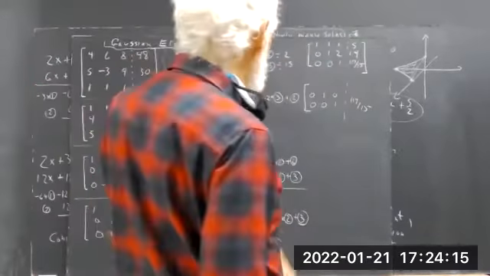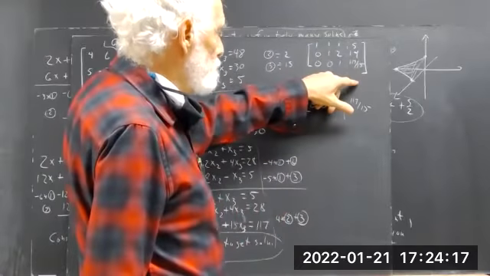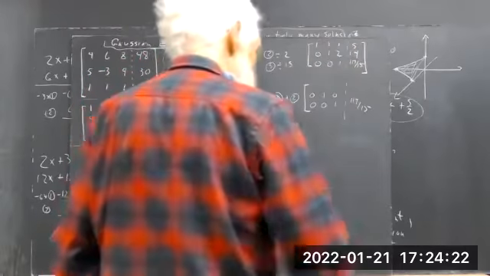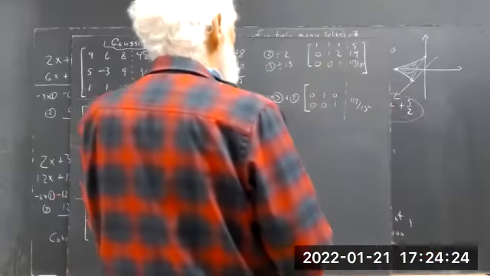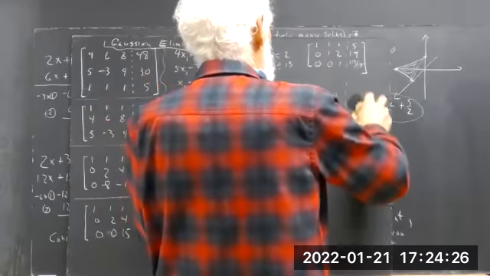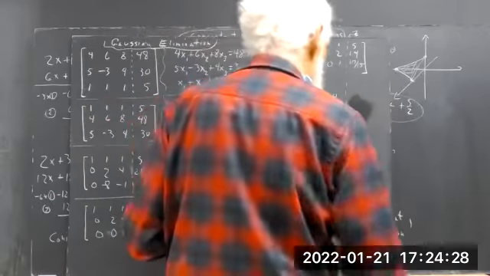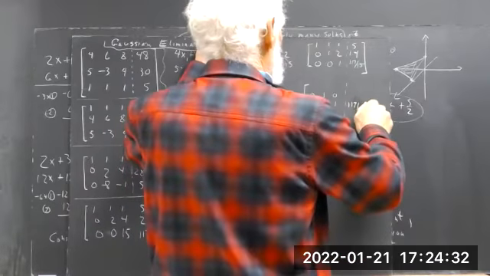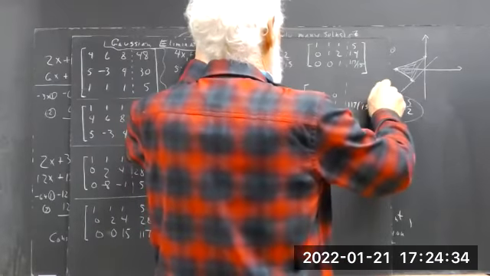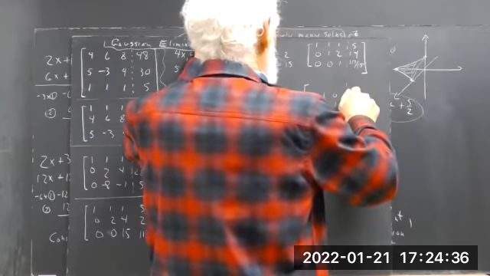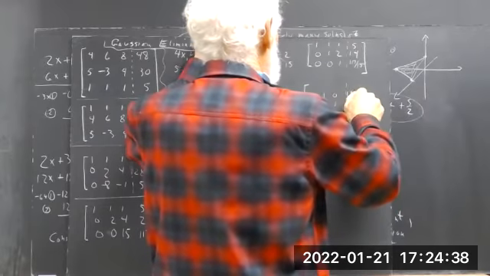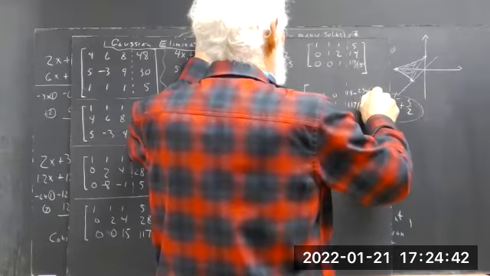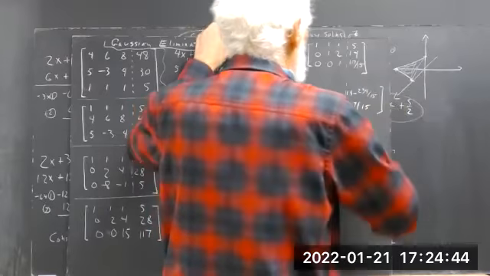Well, what do I get over here? I get -2 times 117 over 15 added to 14. Okay, so I'm going to get 14 minus 234 over 15.